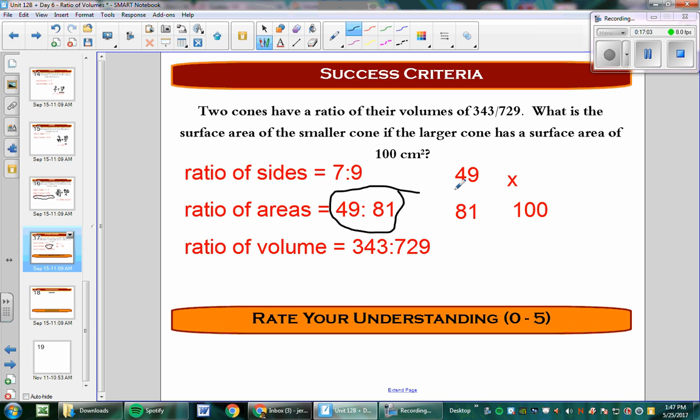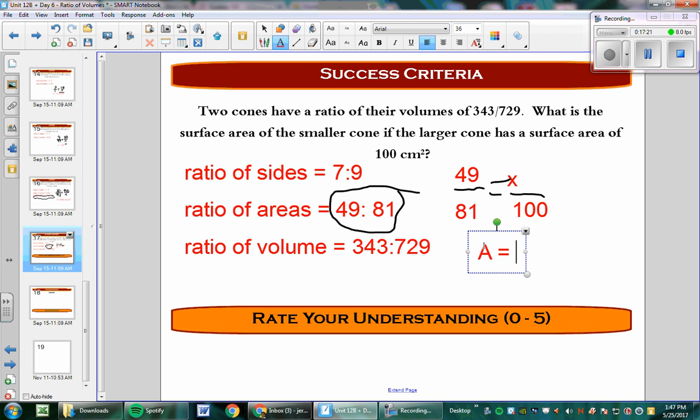Now I can cross multiply. 49 times 100 divided by 81, I get 60.5. So my new area is 60.5 centimeters squared. Well, I hope that makes sense. Good luck on the assignment.